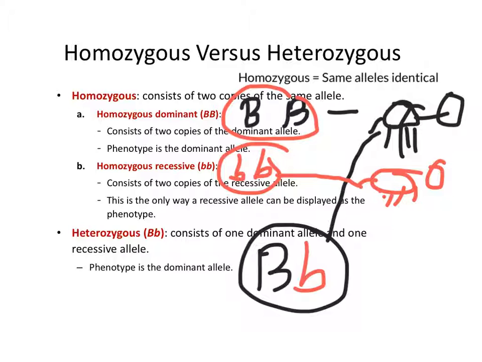In terms of black and brown dogs, either two black alleles or a black and a brown allele ends up a black dog, and the only way you get the recessive trait, in this case a brown dog, is two brown alleles. Individuals that are heterozygous, big B, little b, end up with a black dog, in this case because big B is dominant.